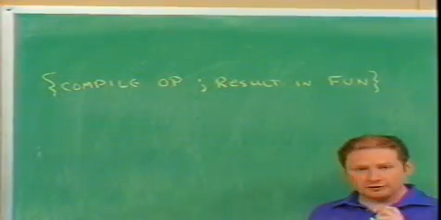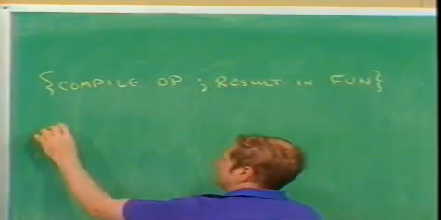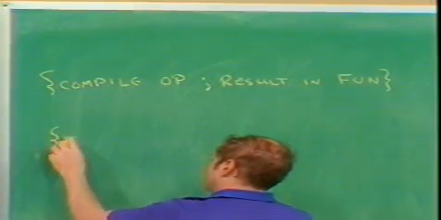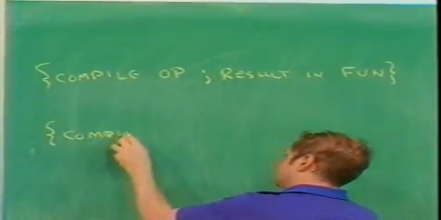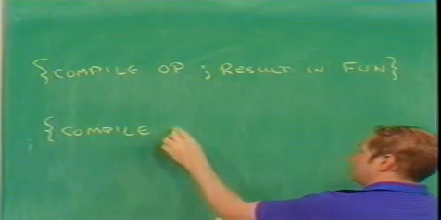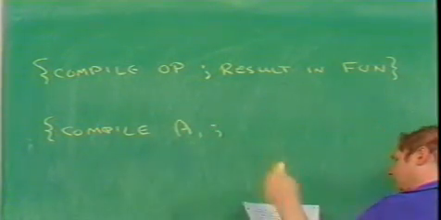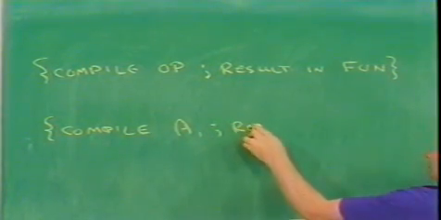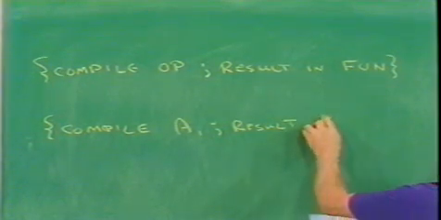The next thing it's going to do is to say, well, I have to compile the first argument, so it calls itself recursively. And let's say the result will go into val.